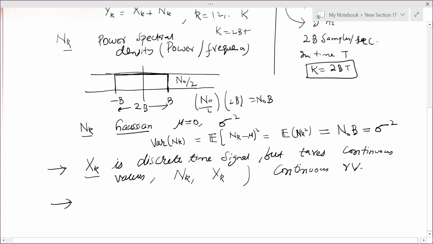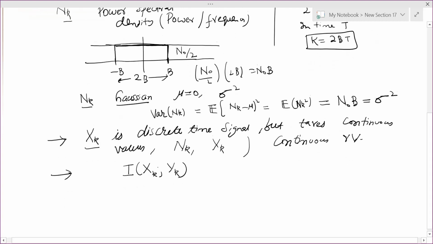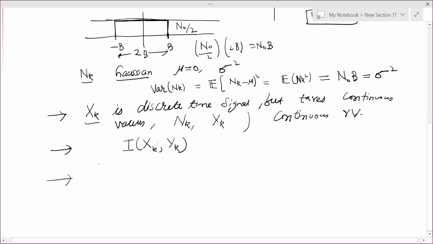And how much information yk contains about xk is defined by mutual information. We also defined this in the previous class, so I will write it again. It's called information capacity.